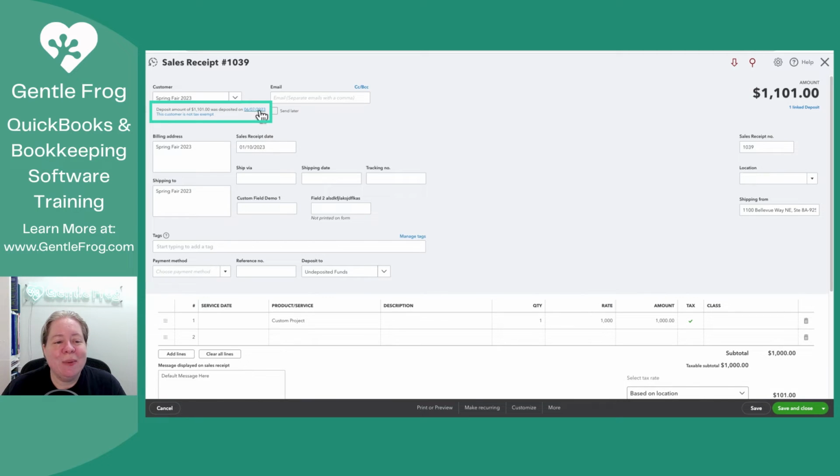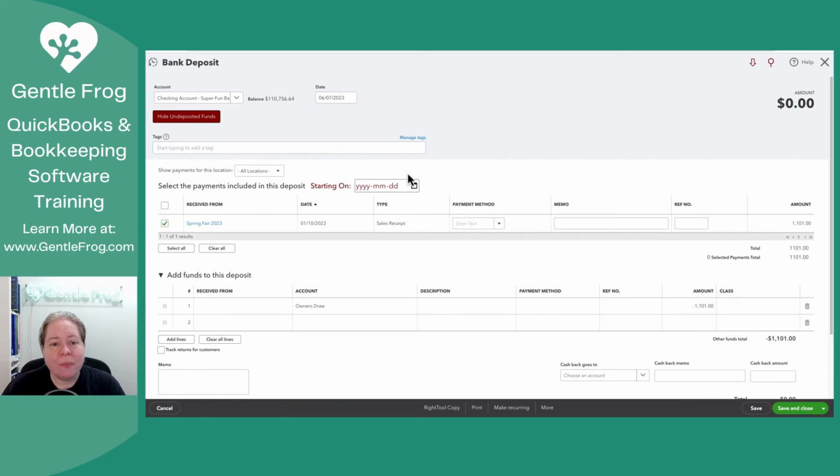Let me click on this deposit information in the upper left-hand corner. What I can see is that money went into the checking account. It went in June. What I can see is that the money comes from the Spring Fair sales receipt. I know from experience that what this means is that I'm decreasing undeposited funds and I'm increasing the bank account.